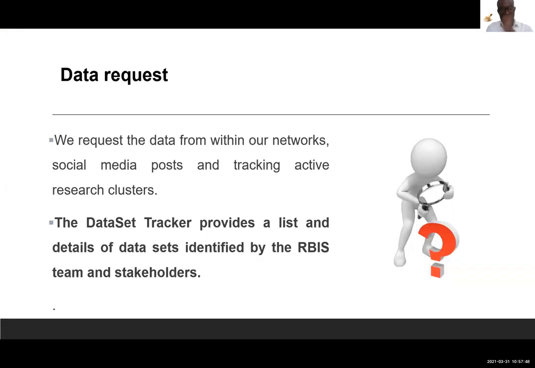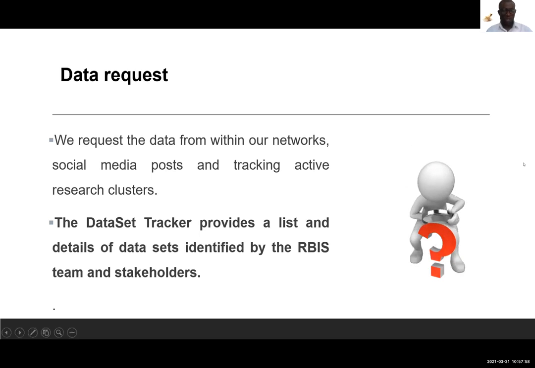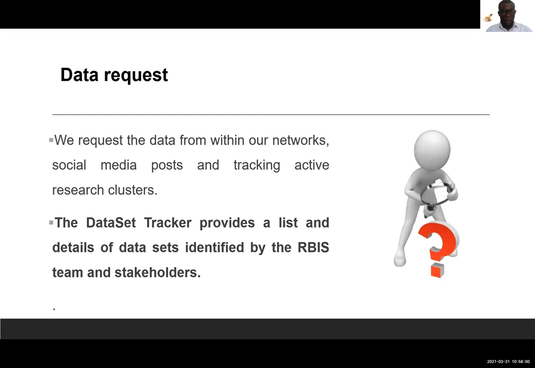Now, the process is, after identifying all of those people who have data, the data holders, what we simply do is network with them, collaborate with them, tracing back where they are putting their data. Sometimes they direct us to their social media platforms.